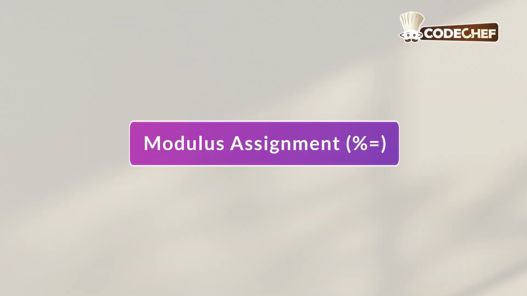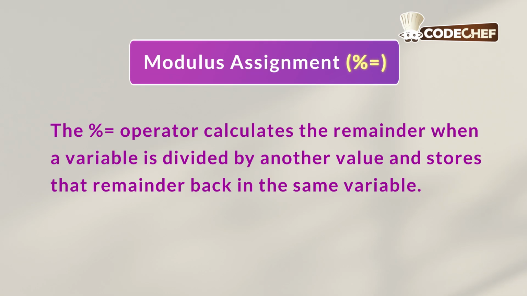Next is modulus assignment, which is denoted by percentage equal to symbol. The percentage equal to operator, or modulus assignment operator, calculates the remainder when a variable is divided by another value and stores that remainder back in the same variable.